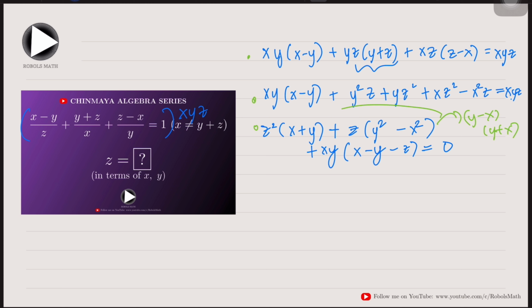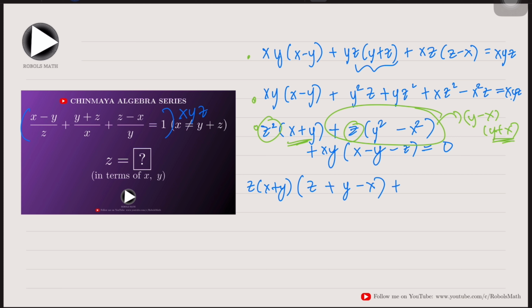Therefore, from this term here, we can factor out the x plus y. Actually, looking back, this has a z here as well, and this has a z squared here, so we can factor out the z as well. So we have here z times (x plus y) times the first one would be z, while the second one would be y minus x.